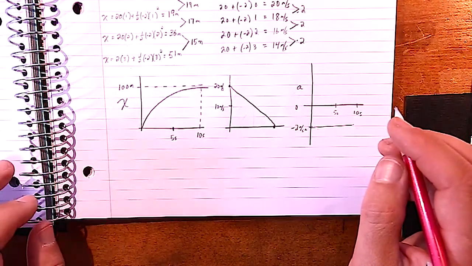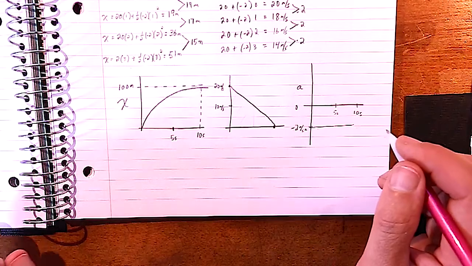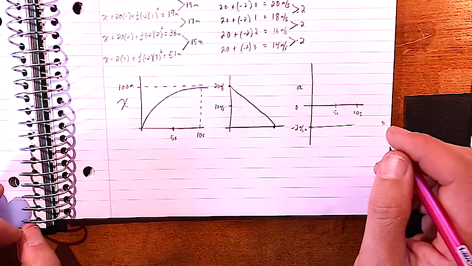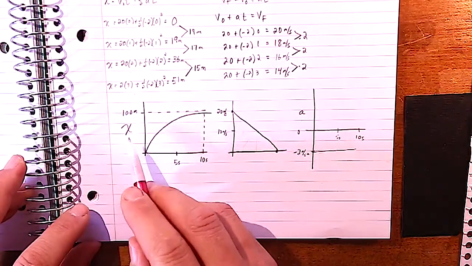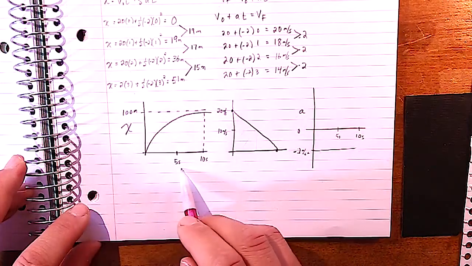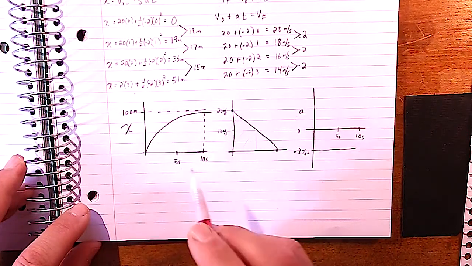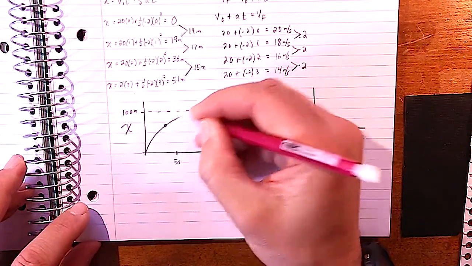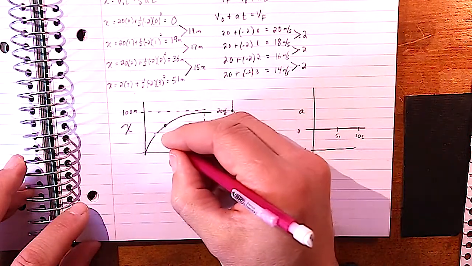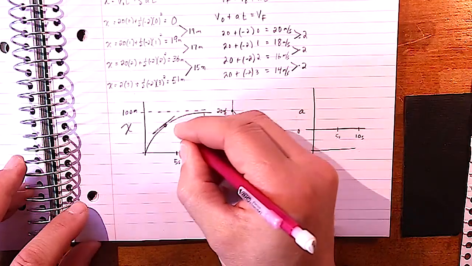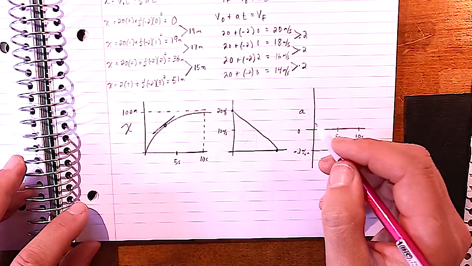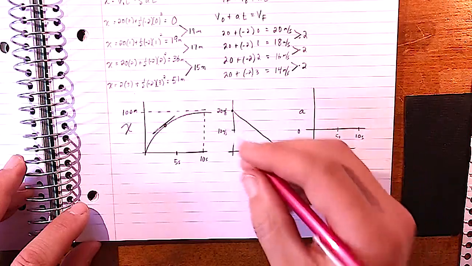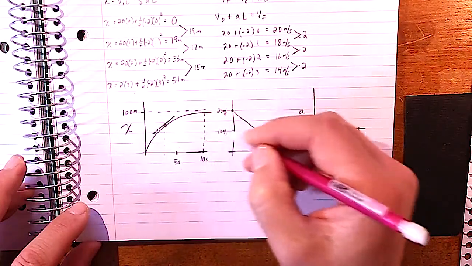So let's go back to this idea of derivatives and integrals. The first derivative of x with respect to t is going to be the instantaneous velocity. If we look at the velocity right here, the slope of that line would be equal to the velocity at whatever time we pick.